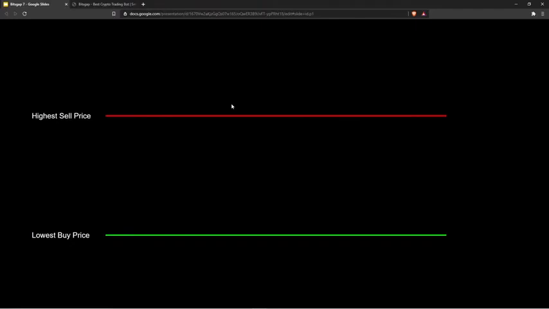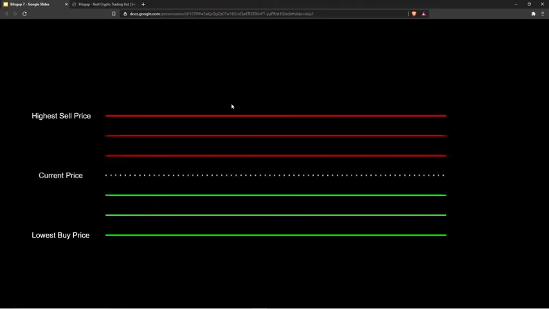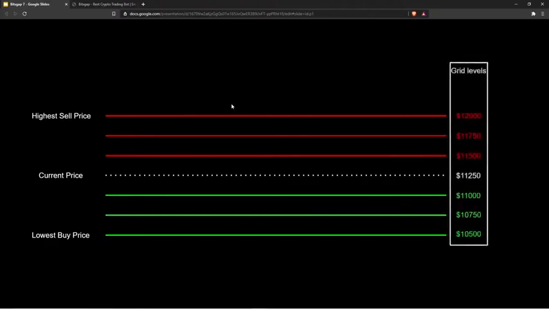You have the highest sell price and the lowest buy price, so that's the area where the bot is going to execute trades. The limit orders are both sided, sell limit orders and buy limit orders as well. Yeah, sorry. So that's how it works.